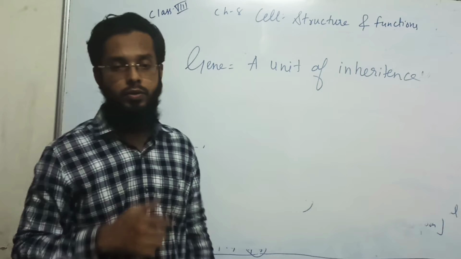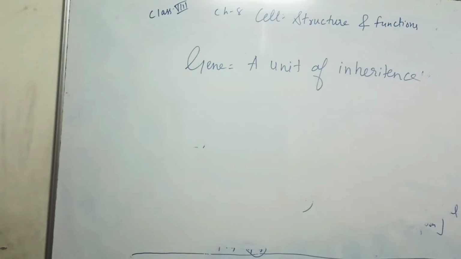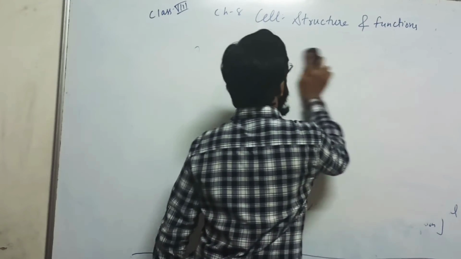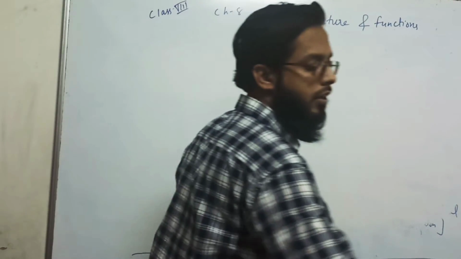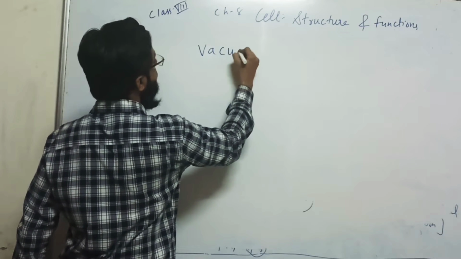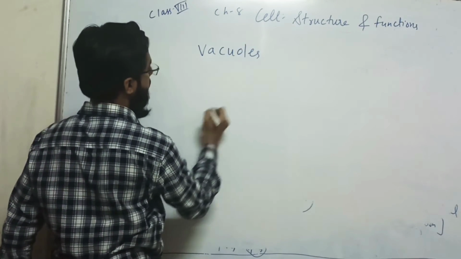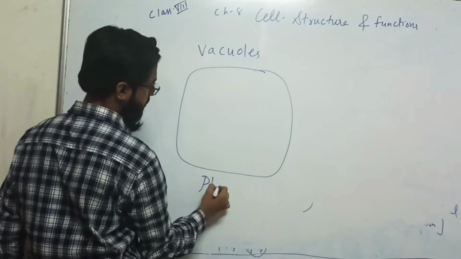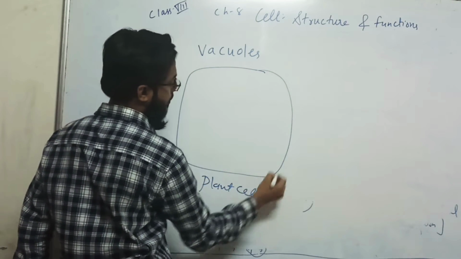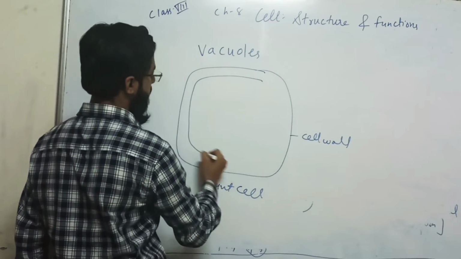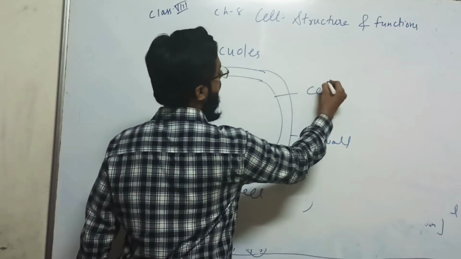Now let's talk about vacuoles in the plant cell. Now what are vacuoles? In case of a plant cell, the plant cell has a cell wall, then it has a cell membrane.